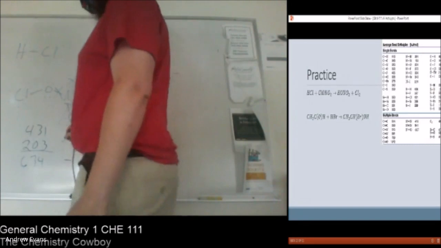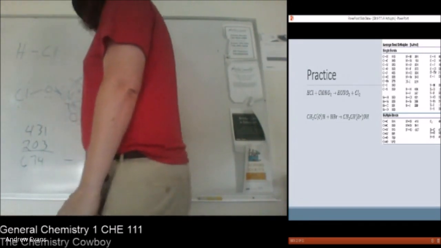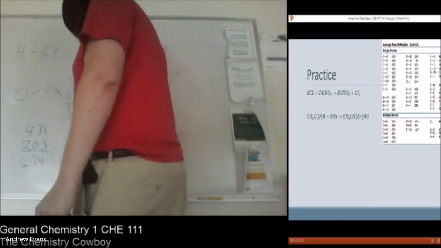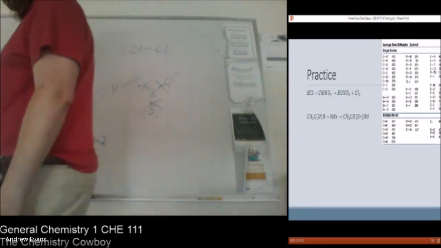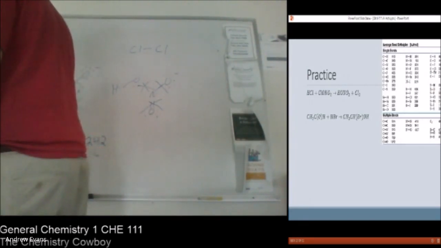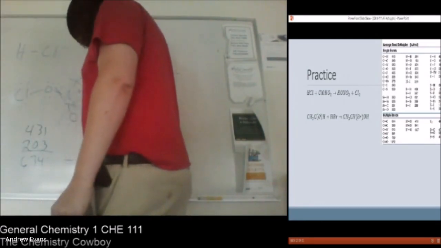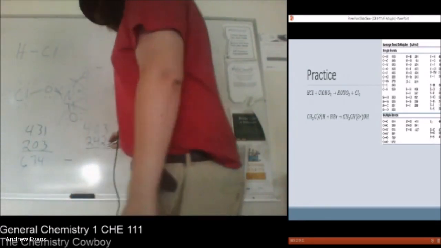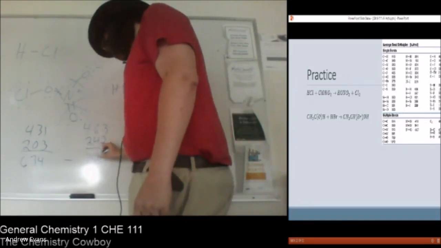And on the right side, ClCl is 242. And HO, or OH, is 63 or 83? So 463. So the sum on the right is 705.